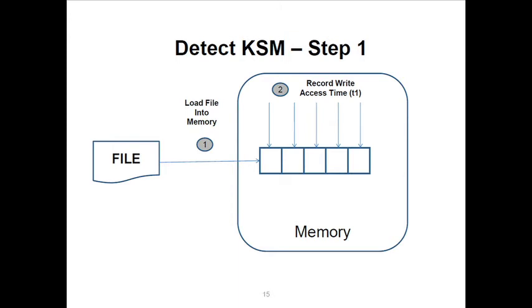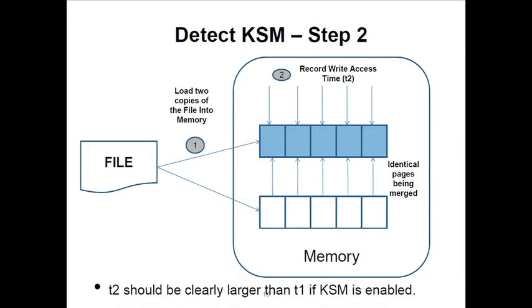And here's the procedure. In the first step, we load one specific file or some random file into memory, and then we try to write to each of the pages. We record the write access time and use T1 to denote it. Then we load the same file into a separate location in memory and wait for some time so that KSM, if it's enabled, has time to scan the memory and merge these pages, because these pages are from the same file, just two different copies.